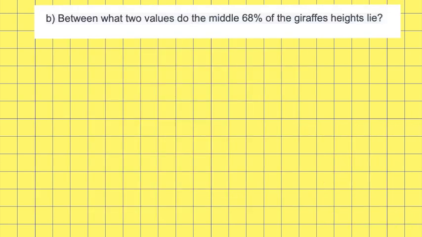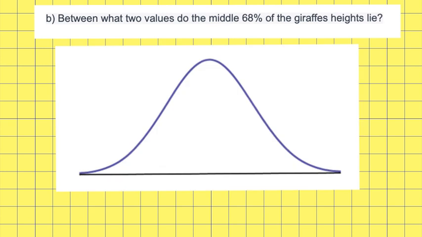Part B. Between what two values do the middle 68% of the giraffe's heights lie? Well, if we draw ourselves a diagram, if we put on our important information, we know that the mean height is 4.57 meters.